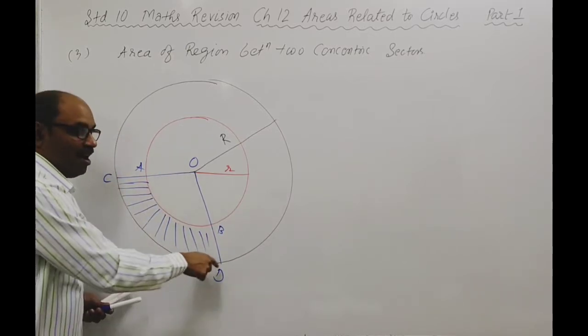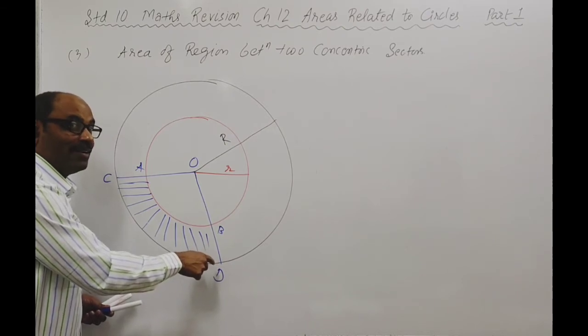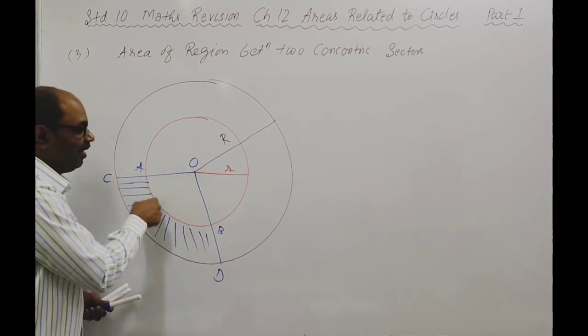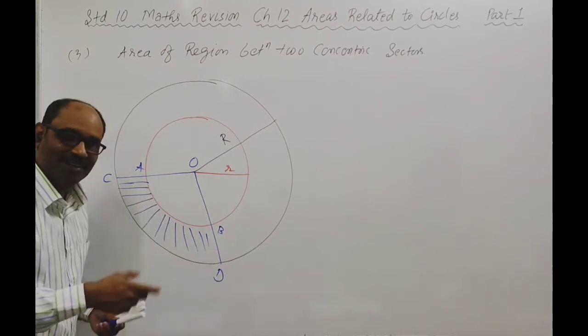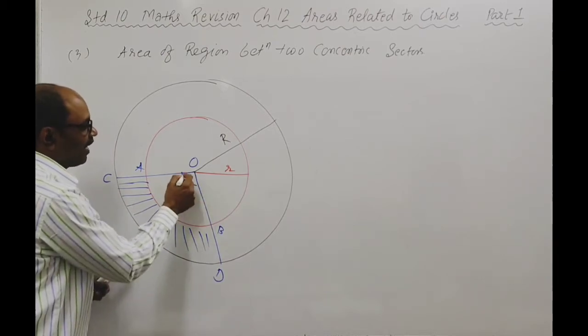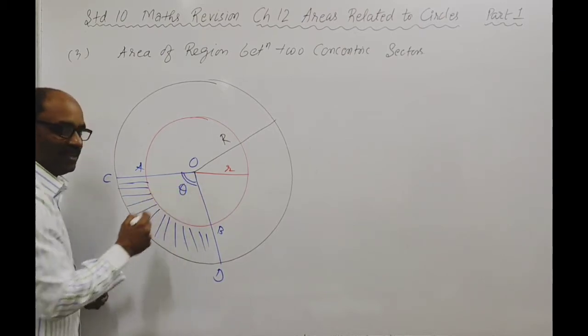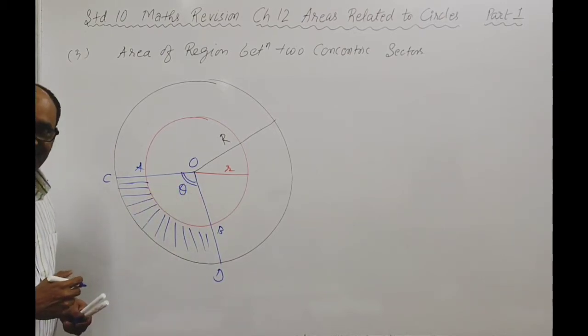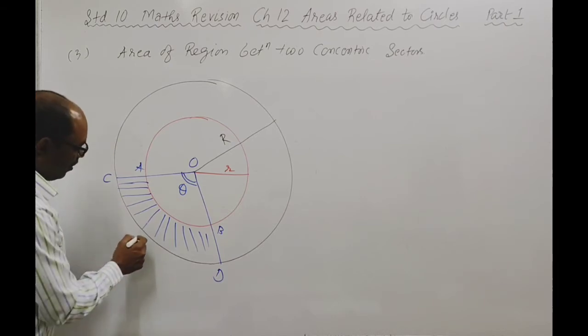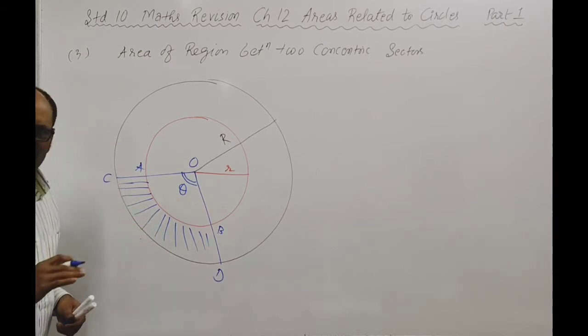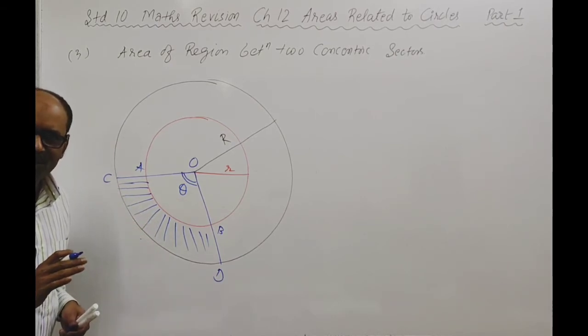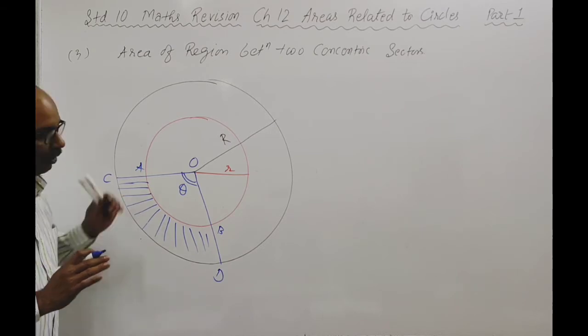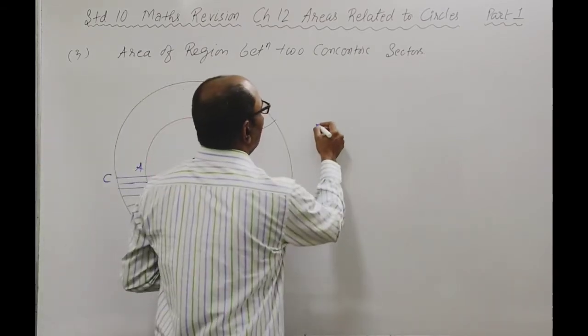Area of the outer minor sector minus the area of the inner minor sector. For both the sectors, the angle is theta. You need theta, the formula uses it. The half L R formula is generally not used here; you use the one formula.